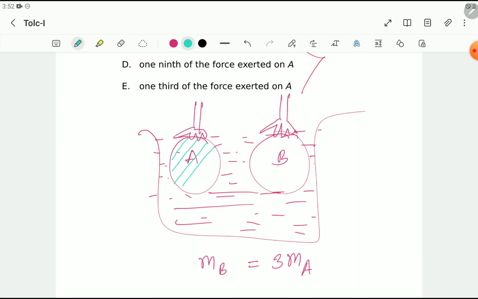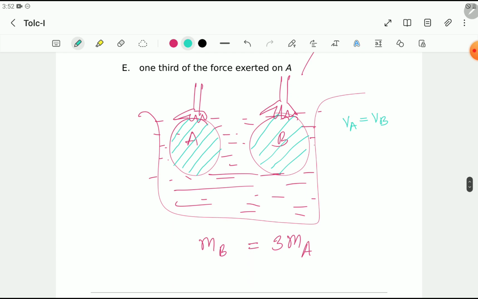So we can write volume of A equal to volume of B. That means the amount of liquid removed by these two bodies is the same. As they are immersed in this liquid, the amount of liquid removed by these two objects is exactly the same, and that doesn't depend on the masses.